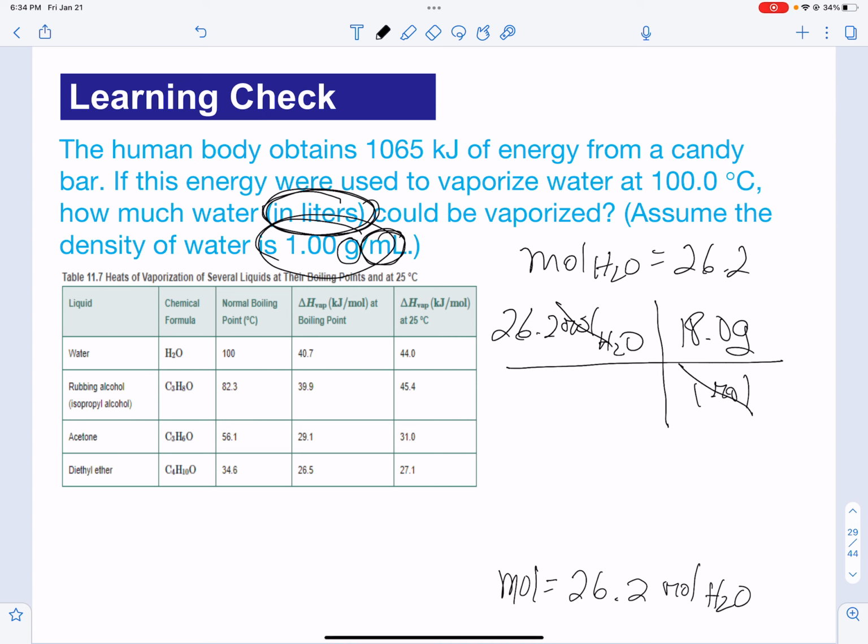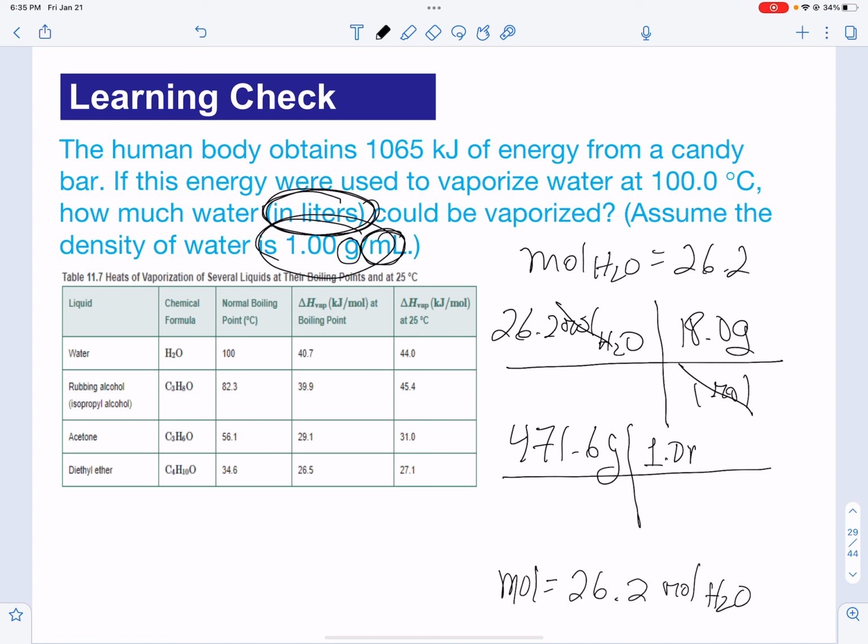And once I get those grams, which is going to be 26.2 multiplied by 18, that's going to be 471.6 grams.